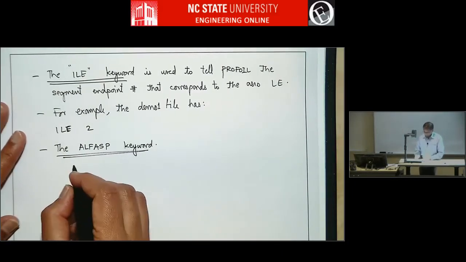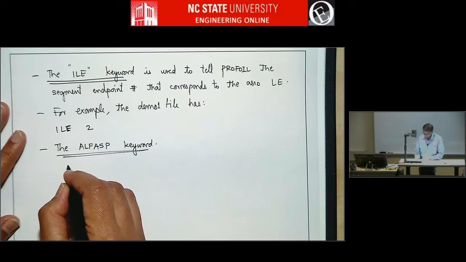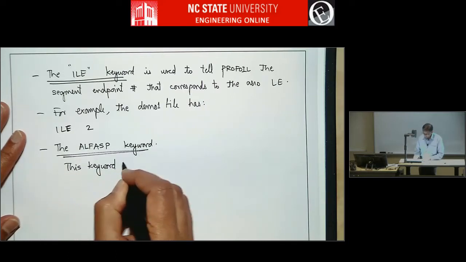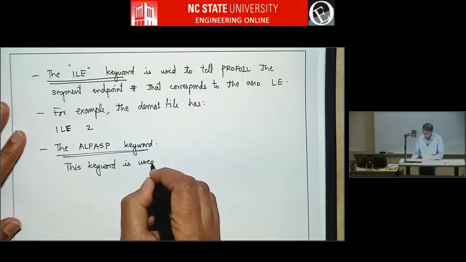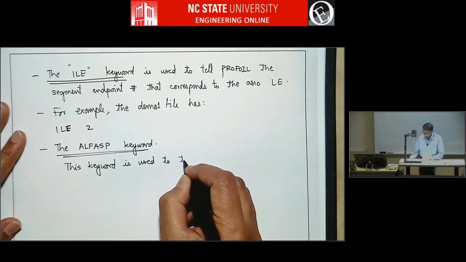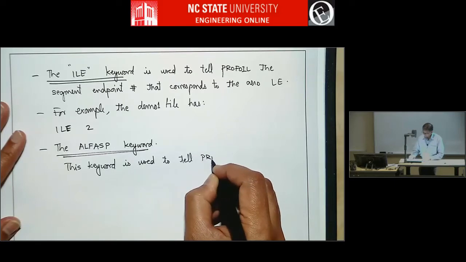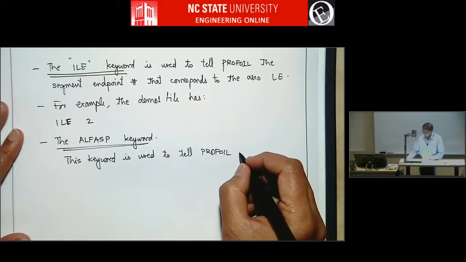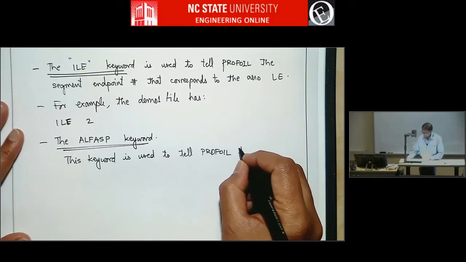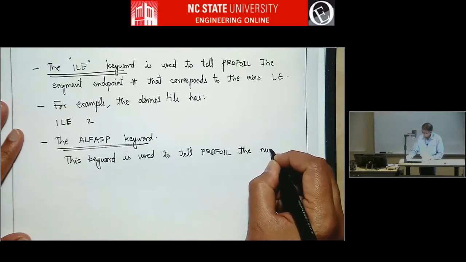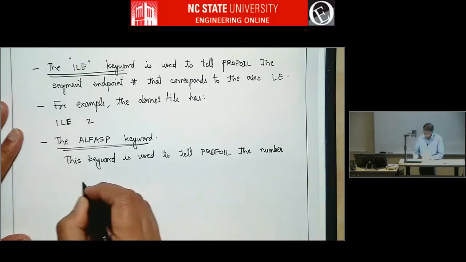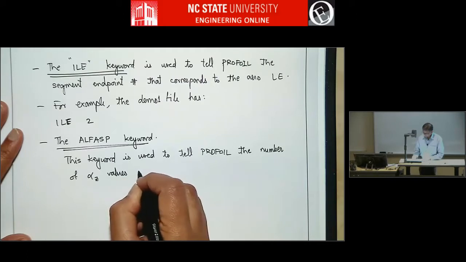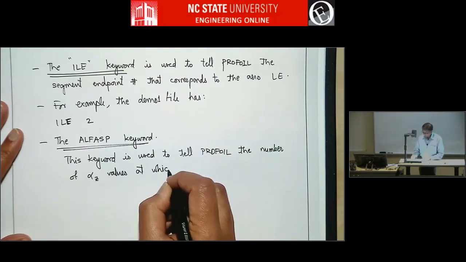So this keyword is used to tell Profoil the number of alpha z values at which the velocity distribution is calculated.